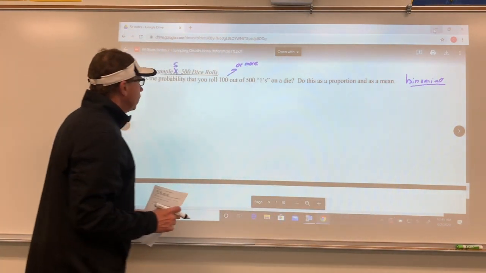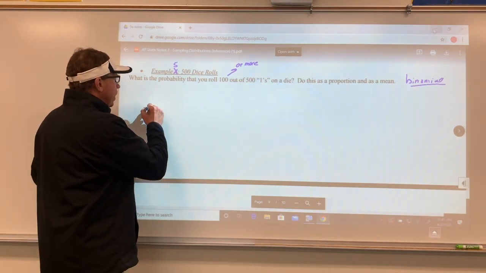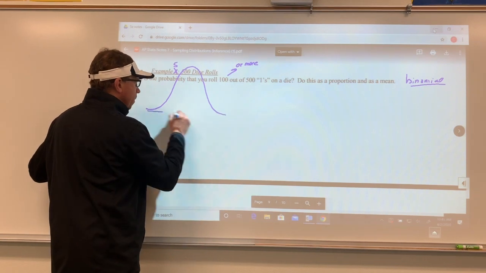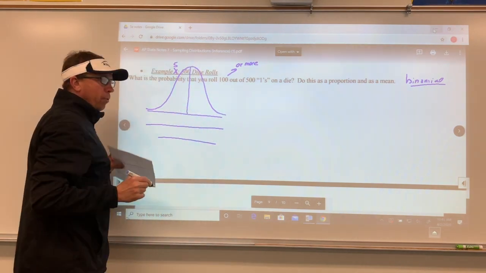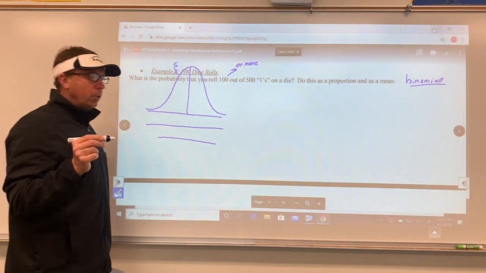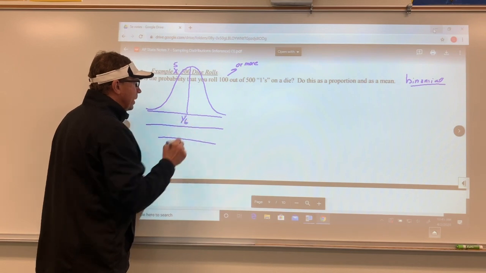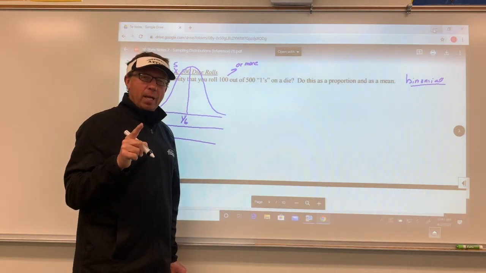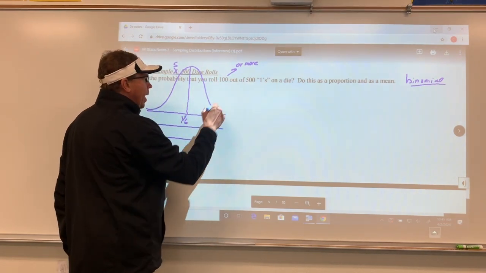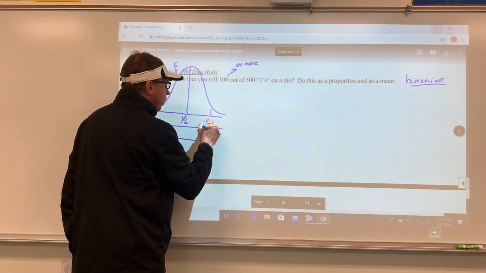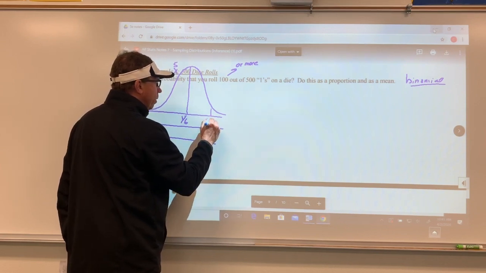So let's try this. The first thing you should do is be able to know it this way. Let's go ahead and draw the normal curve out, okay? Now, the typical proportion of ones you're going to get is 1/6. 1/6 is about 17%, 0.16667, okay? 100 out of 500 is 20%, so that goes in the tail.